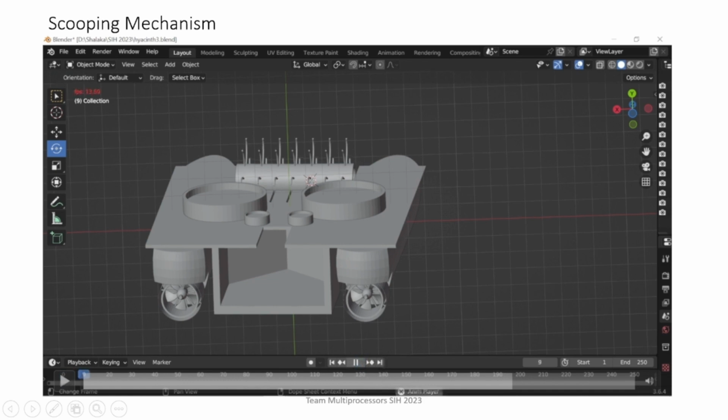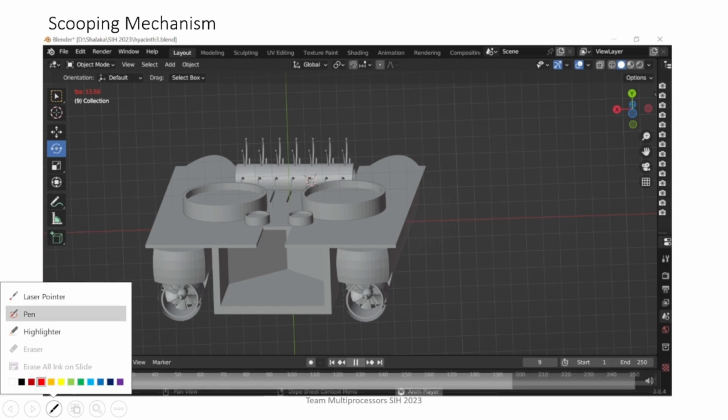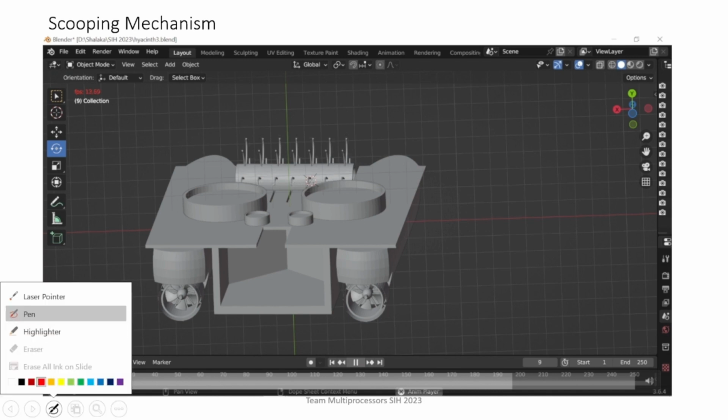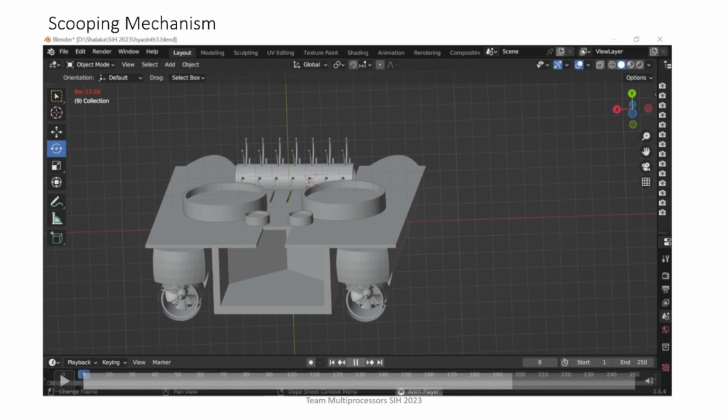This view explains how the collected plant would be collected in the container. So this is the boat propelling mechanism. This is the scooping mechanism where the water hyacinth is collected and removed.